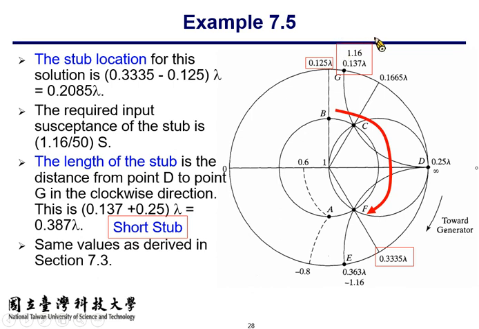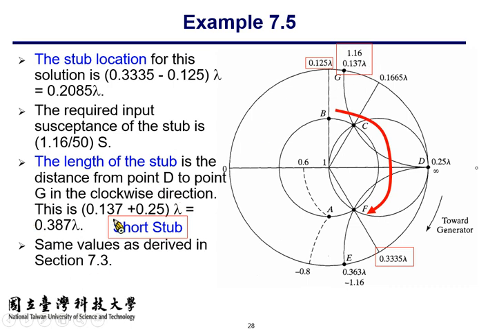So if you want to do that with a short stop, then the length required by the short stop will be equivalent to moving from point D all the way up to point G. And the length will equal 0.25 plus 0.137.